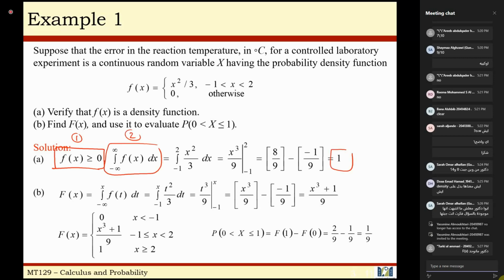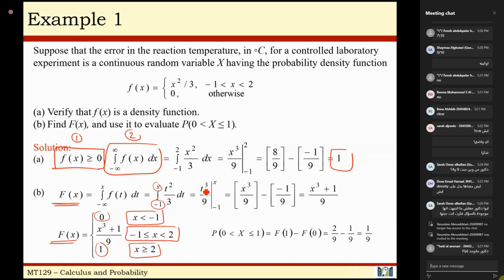If we need to find f capital, the cumulative, just before minus 1, x less than minus 1 must be 0. Greater than 2 must be 1 in the f capital. This is cumulative. If we need to find from minus 1 to 2, so integral from -1 to x.